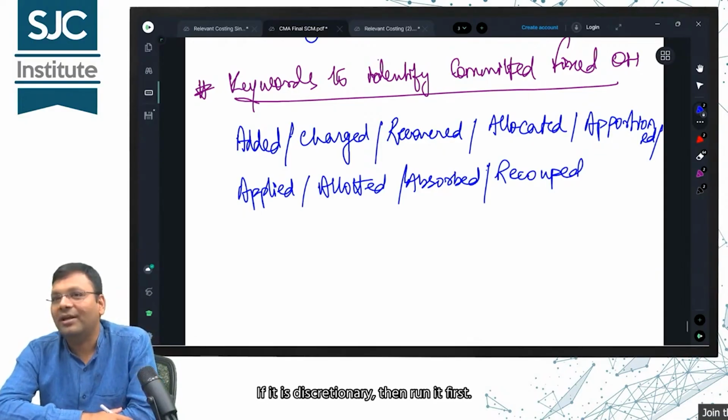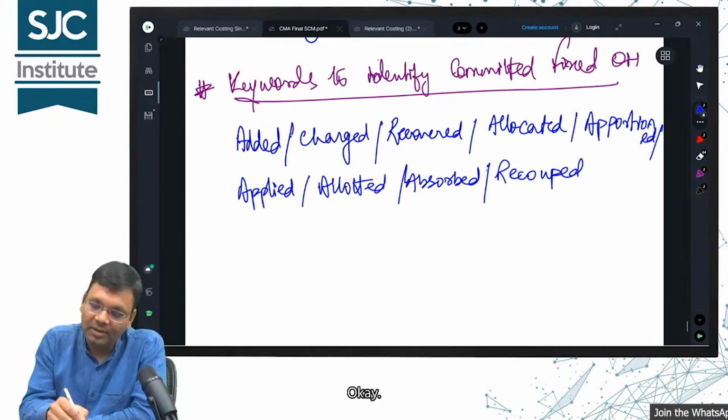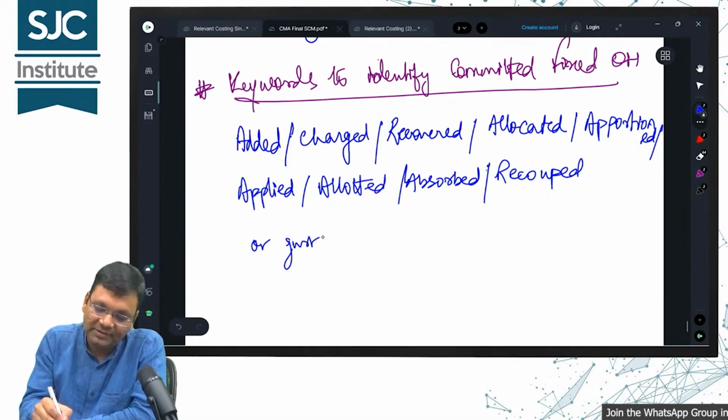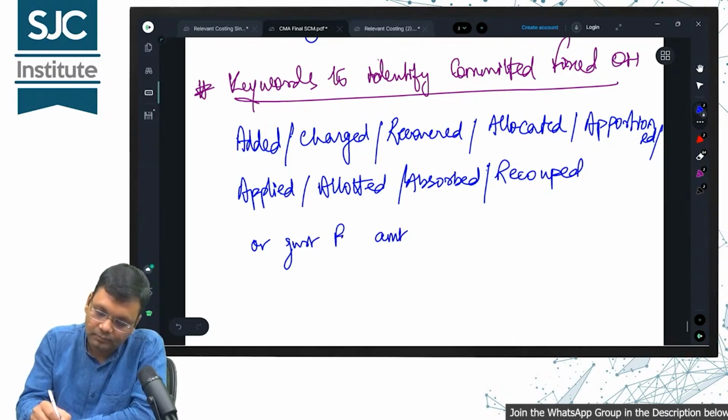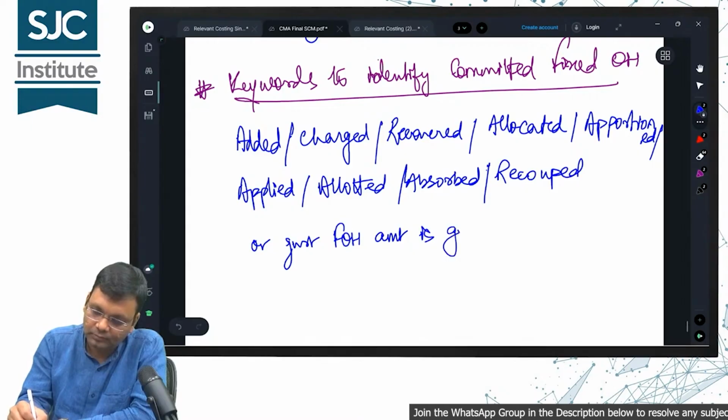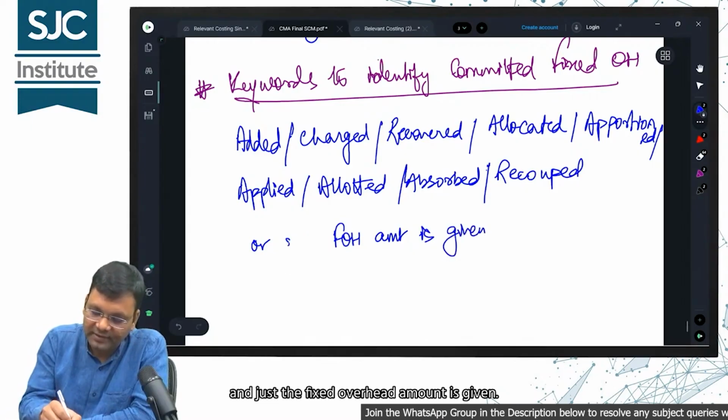If it is discretionary, then it will be stated first. Or just the fixed overhead amount is given. And just the fixed overhead amount is given.